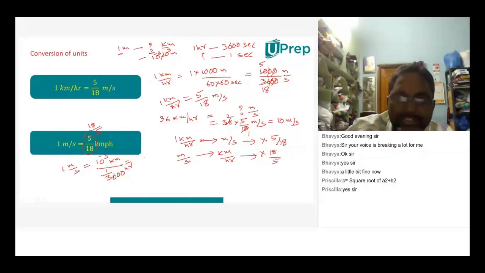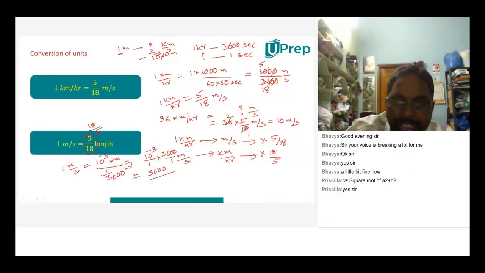Now what happens is this 10 power minus 3, I'll write like this, divided by nothing, so I can write it as divided by 1. And here in the denominator 1 by 3600 is there. When I divide, you can write 3600 by 1. So this equals 3600 divided by 10 power minus 3.